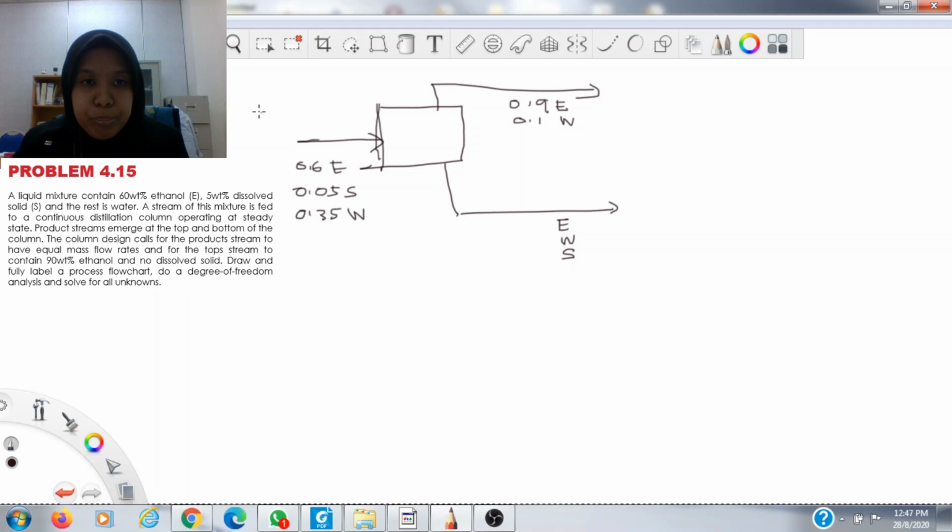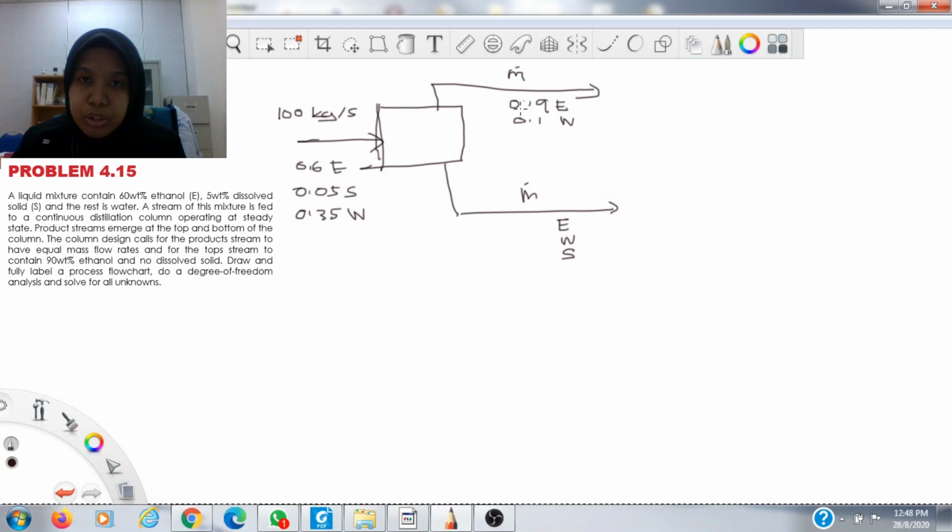Then the question mentioned that the outlets have equal mass flow rate, so we just label it M because they are equal. If they had two different values, you could label them M1 and M2.